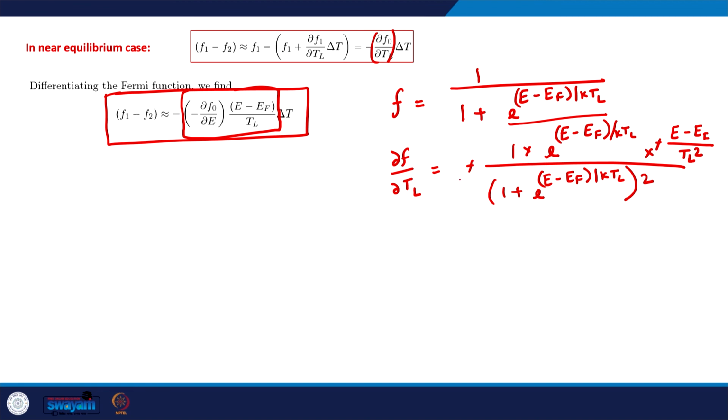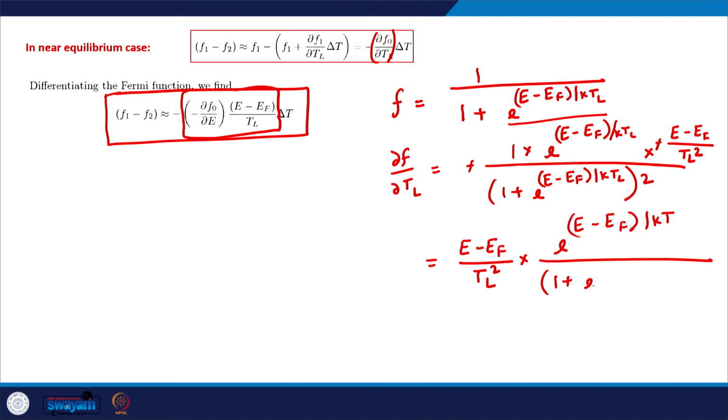So this minus goes away. So we will have E minus EF divided by TL square, times exponential E minus EF by KT, divided by (1 plus exponential E minus EF by KTL) square. So this is del F by del TL.